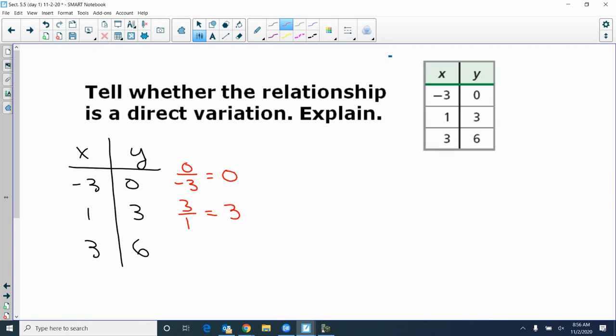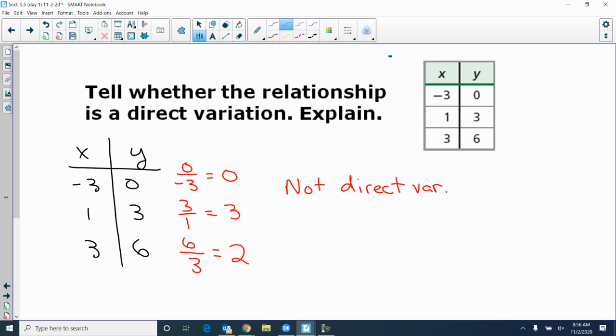And how about the next one? Now don't convince yourself it's 3, because if it's 3, then it's going to work out right. Make sure you do the actual math. You do 0 divided by -3, and then that's 0. So are they the same number? No. So this is not direct variation.